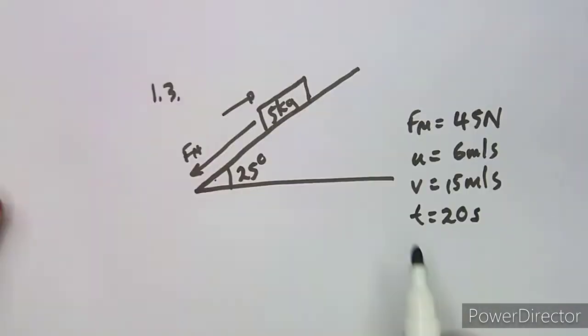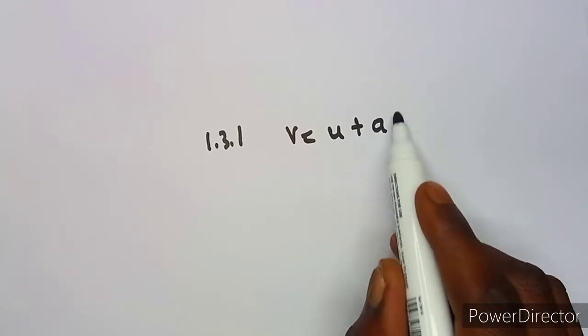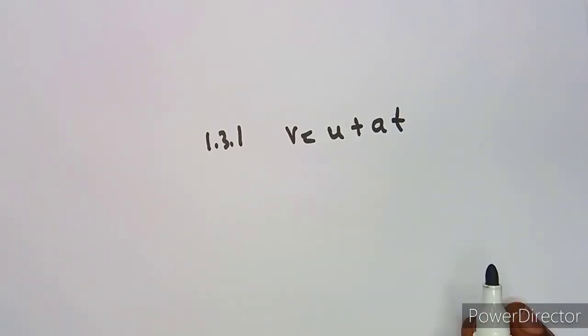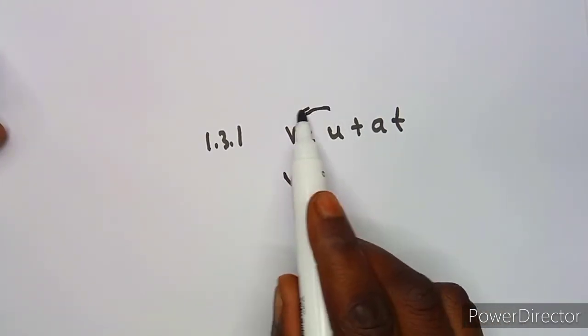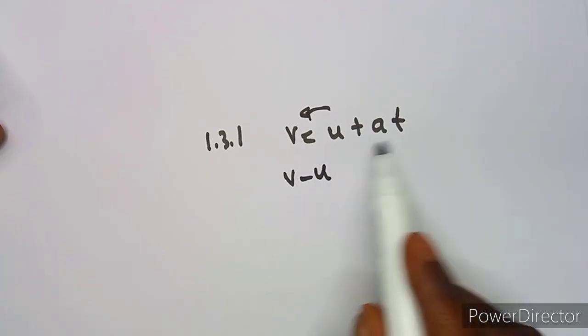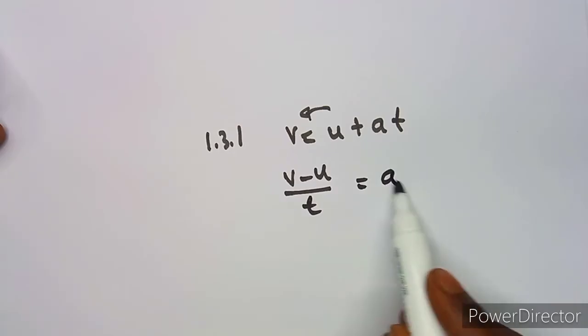But we know that if you're given V, U, and T, we can use this formula: V is equal to U plus at. In this case, we need the acceleration, so we can make a the subject. Transpose U to this side, minus U, and divide by t, which is going to give us the acceleration.